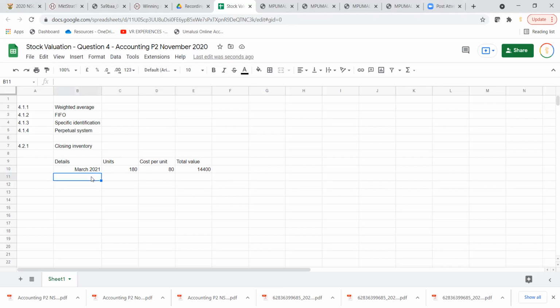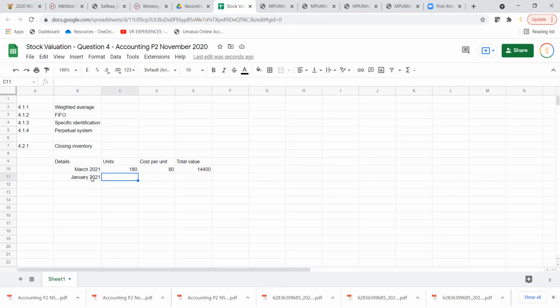Next, now remember, we want 270 units. The most recent purchase only gave us 180 units. So that means we need to go to the next most recent purchase. The next most recent purchase is January 2021. In January 2021, there were 1,100 units purchased, but we don't have 1,100 units on hand.